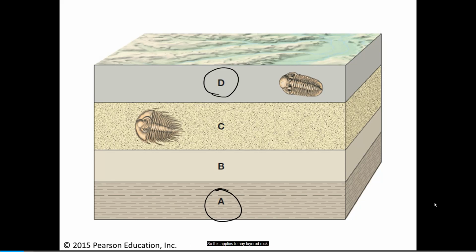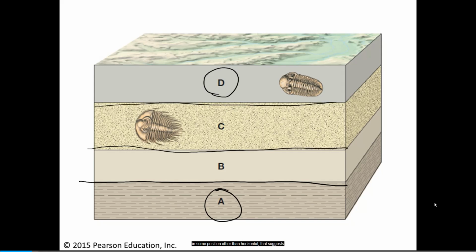So this applies to any layered rock, such as a sedimentary rock or a volcanic rock, but it wouldn't apply to something like a granite that intrudes from below. Another key principle that's illustrated here is the principle of original horizontality. The layers depicted in this block diagram are horizontal, which is how they form, more or less.